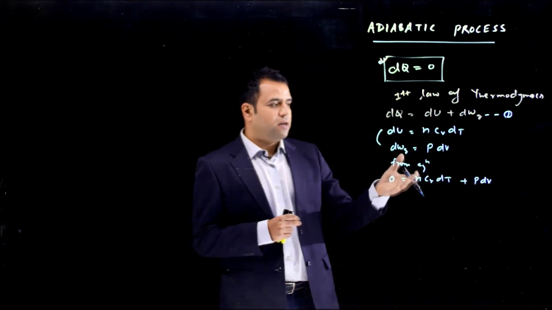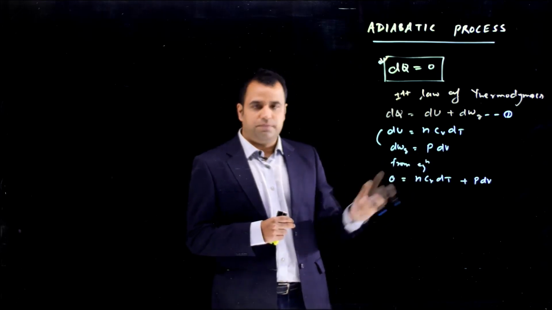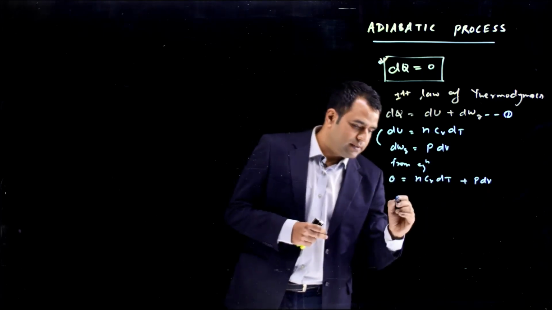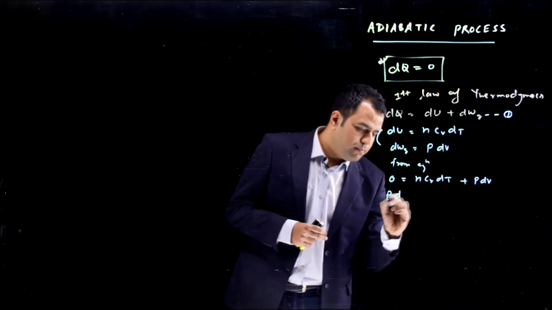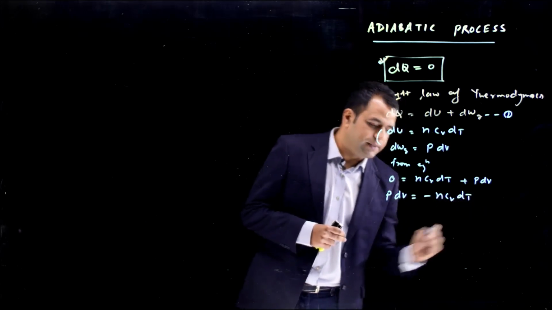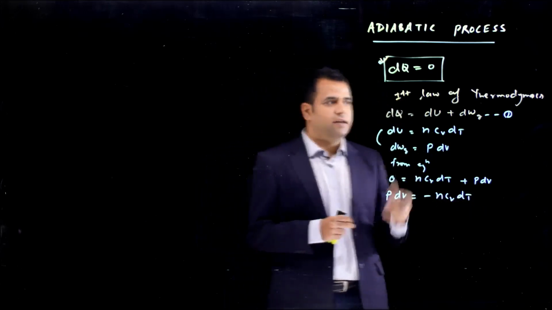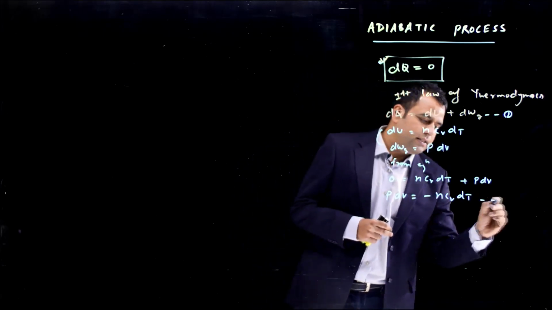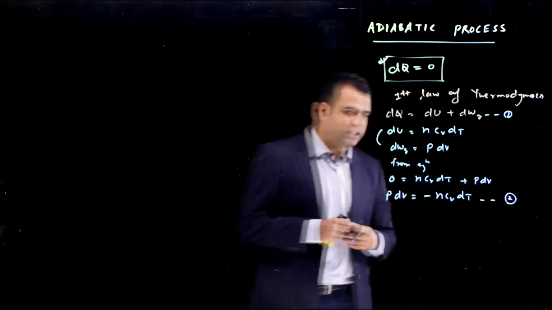So this becomes our first law equation when we put the values. So let's take this here. So p dv will become minus of ncv dt. So this is the modified form of first law for adiabatic process. This is my second equation.